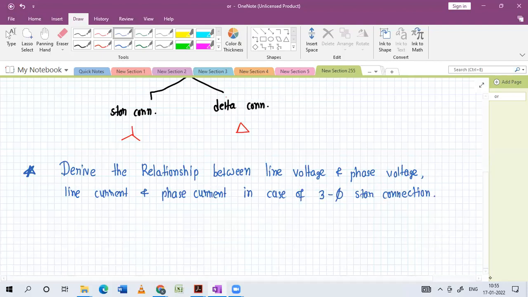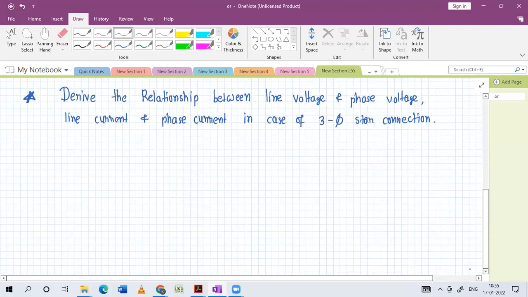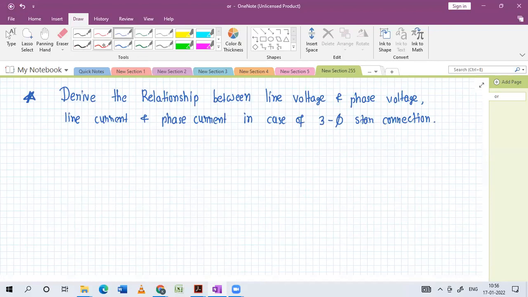So how can you do this theory? Let us start with the star connection. It is very easy, but it is very important. First of all, I will draw the three phases in a star.